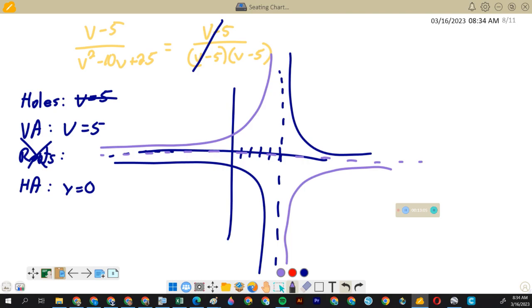What's the easiest number to plug in? 0. And we don't really care what the answer is. All we need to know is, at 0, is it positive or is it negative? So if I plug in 0, negative 5 over 25 is a negative number. So it's going to be the blue graph. Does that make sense?